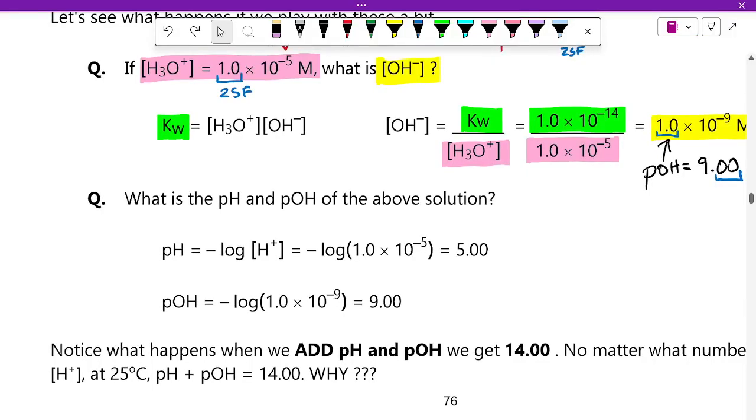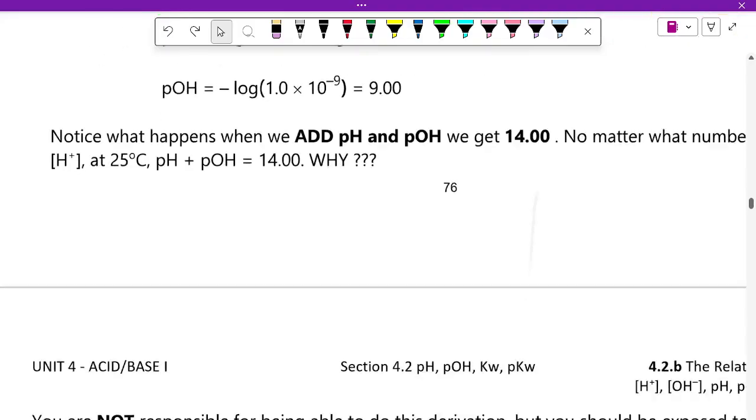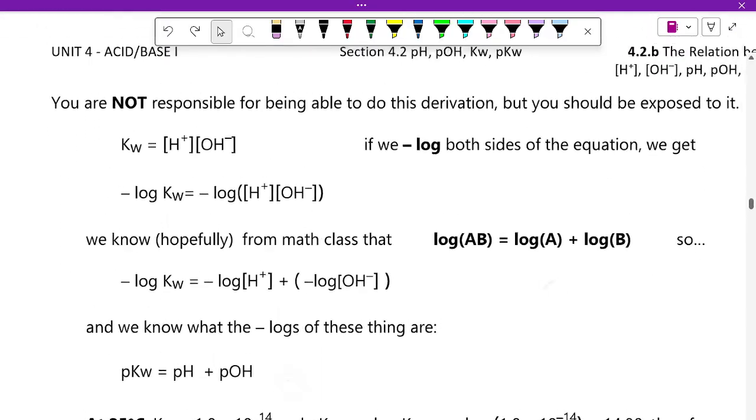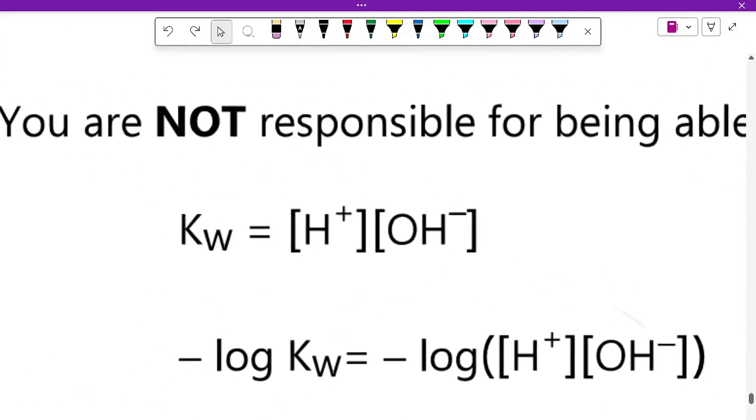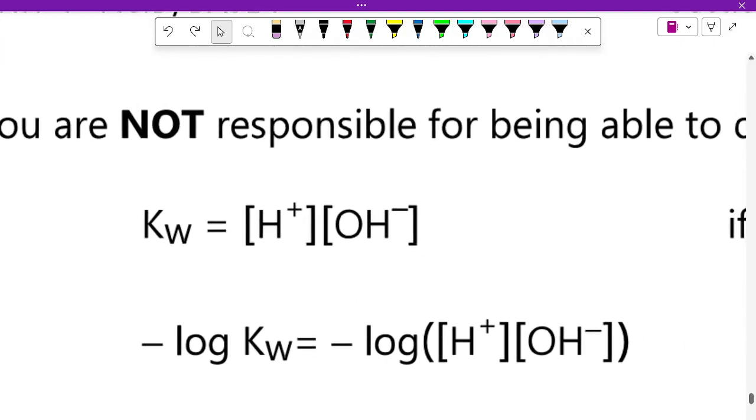So pH plus pOH equals 14. You are not responsible for being able to do this derivation, but if you have done your logs in math, in theory, you should be able to follow along. We have Kw. Kw is equal to hydrogen times hydroxide. We're going to take the negative log of the left side, and the negative log of the right side. If we do it to both sides, they stay equal. Okay?